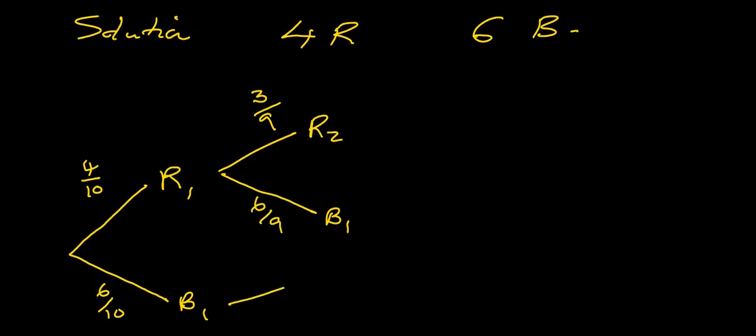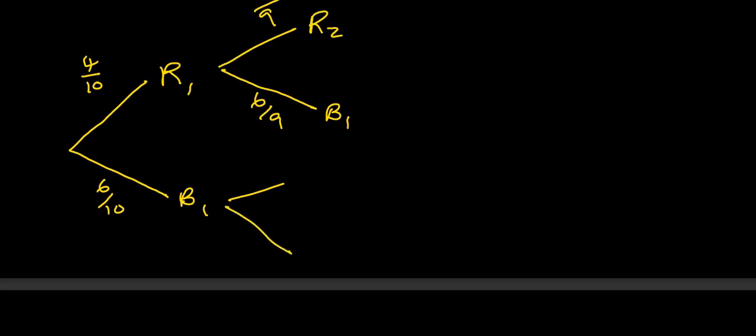Then this side, the second ball is black. The event that the second counter is red is R2, and the event that the second counter is black is B2. So this is going to be 5/9, then 4/9. These are what we have.